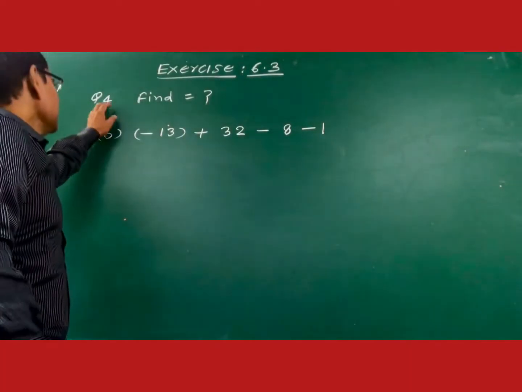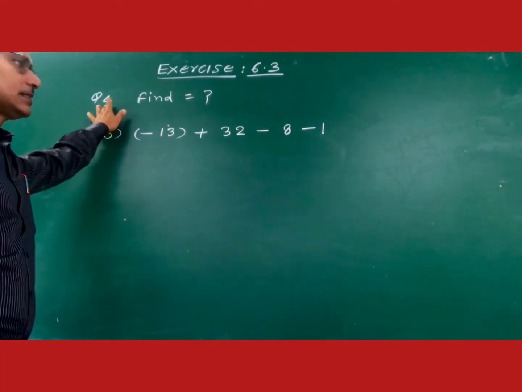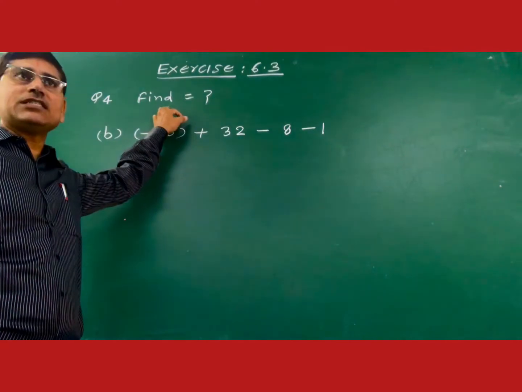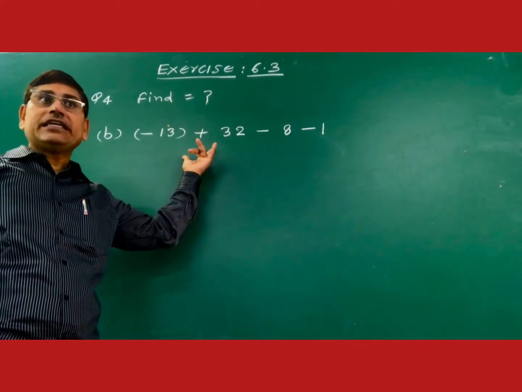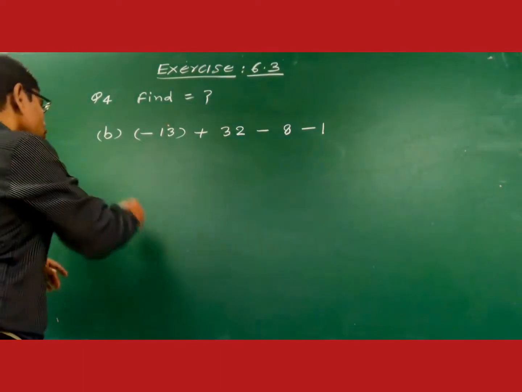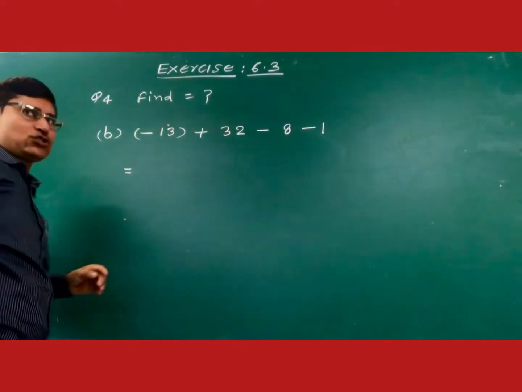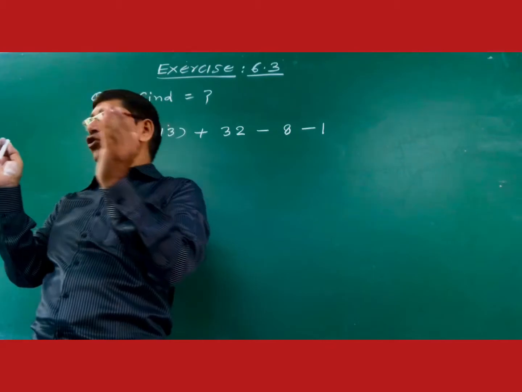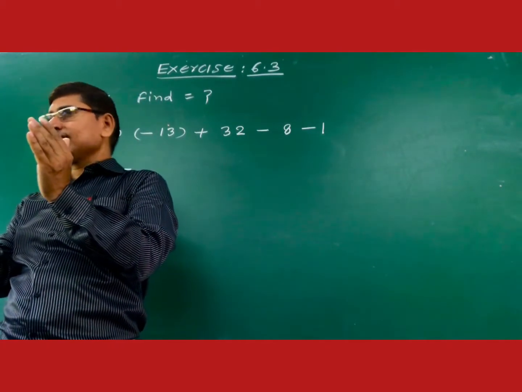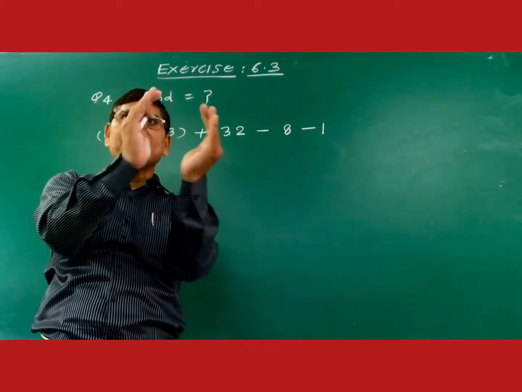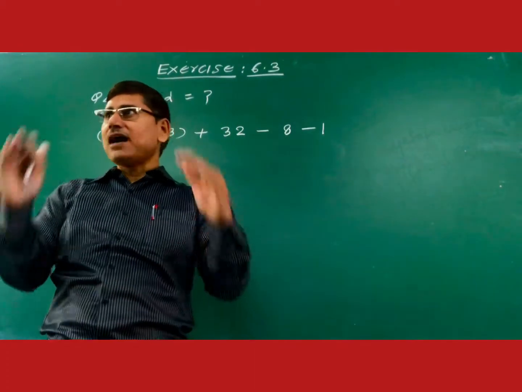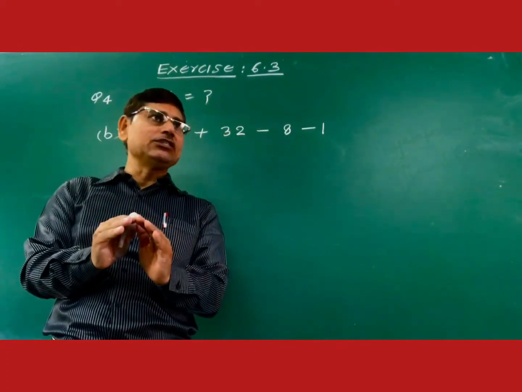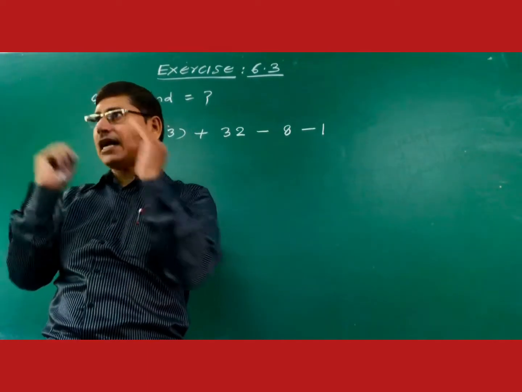So this one is question number 4 of the same exercise 6.3, and the question says find the value of these integers. Okay, so what to do in this case? First of all, you will arrange all the integers of the same sign together. Together means एक साथ. माइनस साइन वाले जितने भी इंटीजर्स हैं वो सभी एक साथ लिखने हैं.